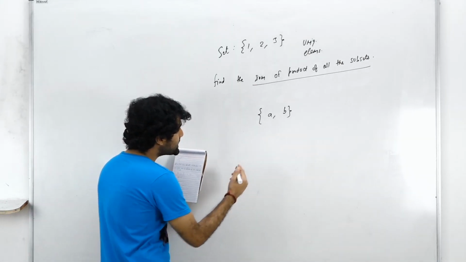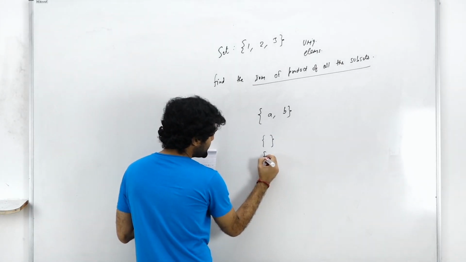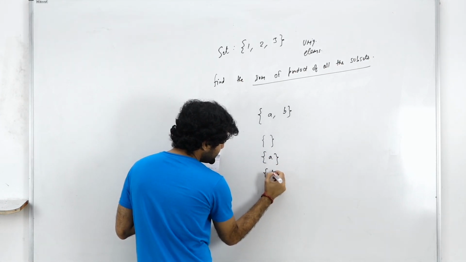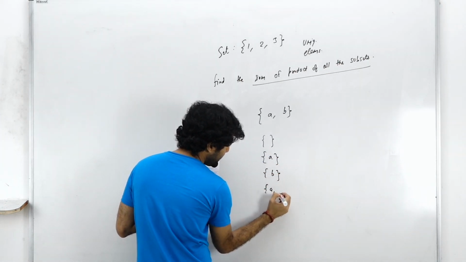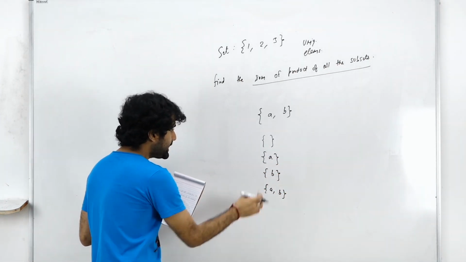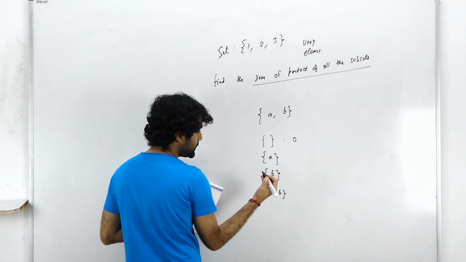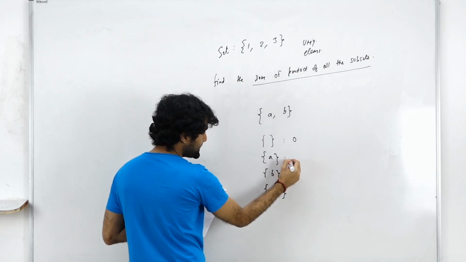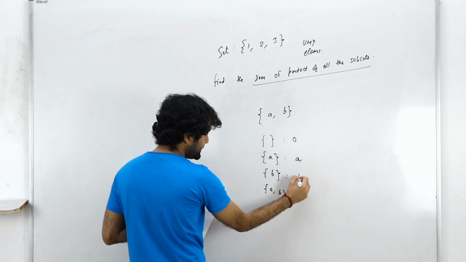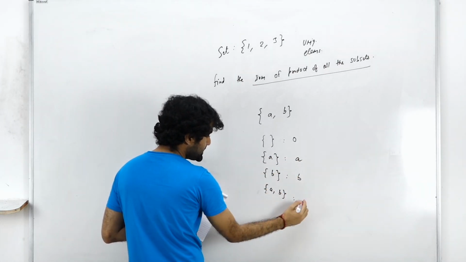First subset will be an empty one, second would be just A, just B, and then both A and B. The product of elements in the first is 0 because there are no elements at all. The product of elements over here is A because just A is there. Here it is B. The product of elements here is AB.